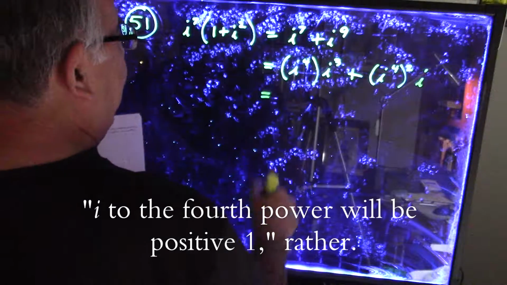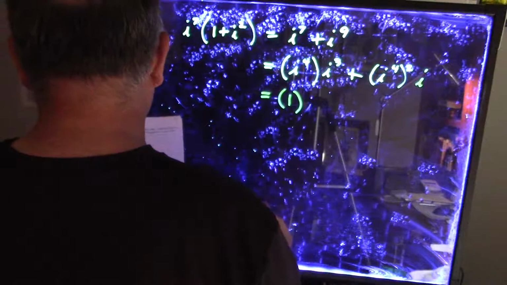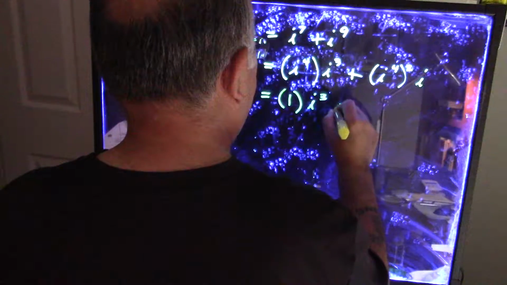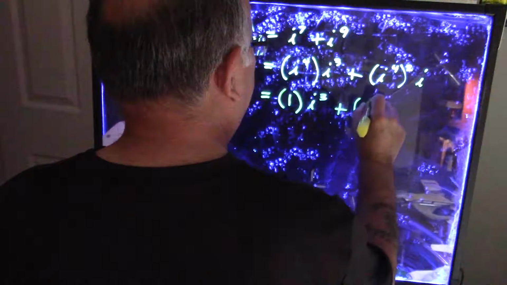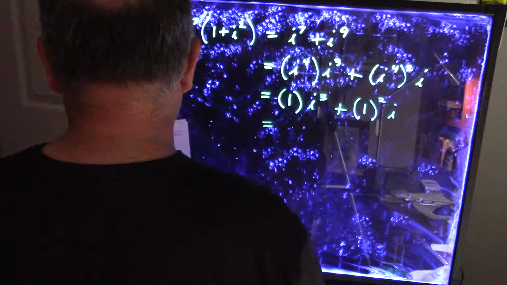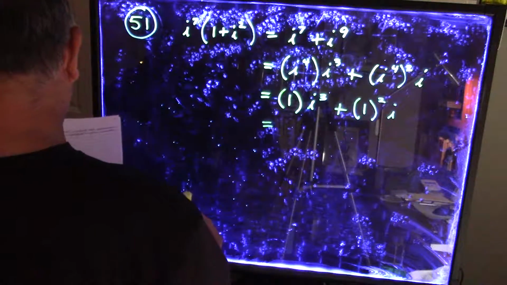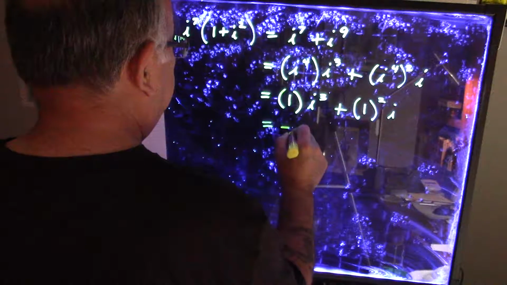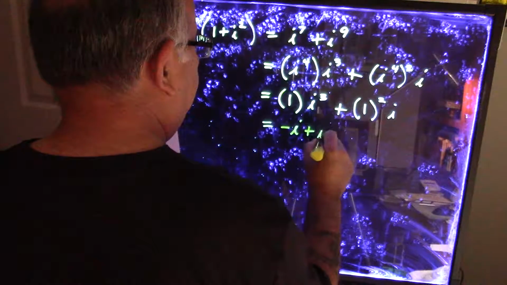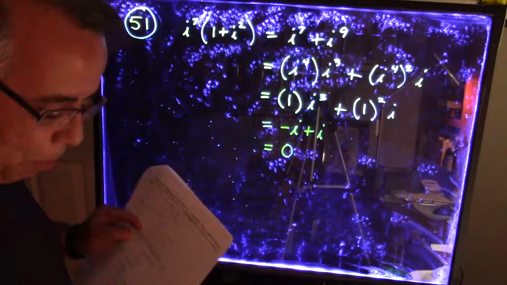So i to an even power will be positive 1 times i cubed, plus also this is a positive 1 squared i. Alright, so this is i cubed, which is i squared times i, which is negative i. And then you've got plus i. So you add those two and you get 0.